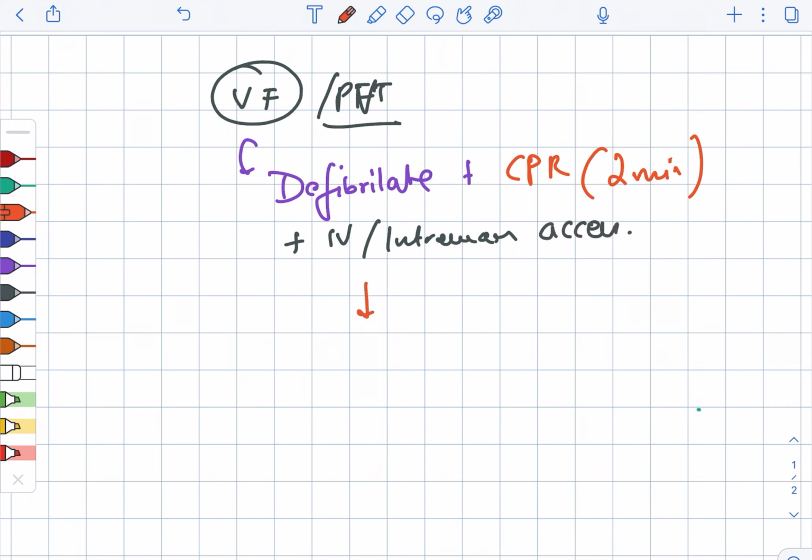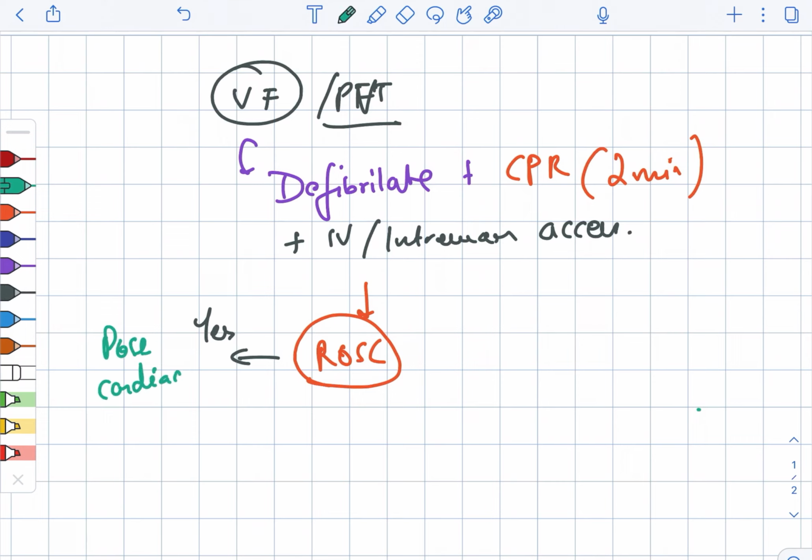Next, we look for the ROSC. It is nothing but a return of the spontaneous circulation. If ROSC is maintained, suppose it is yes, then post cardiac arrest care is given.